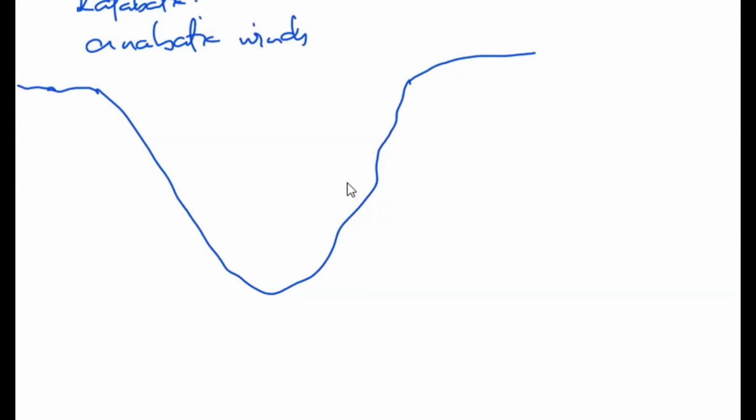Right, katabatic, this is a night situation. This wind blows during the night, and this typical wind is a down slope. And anabatic, this is a typical of day situation, and this is an up slope wind.